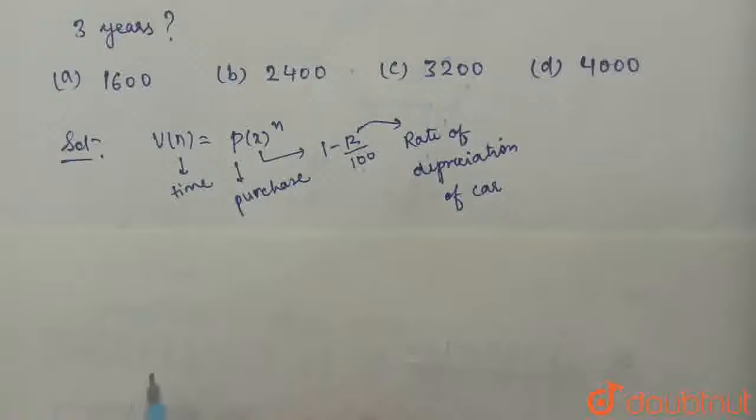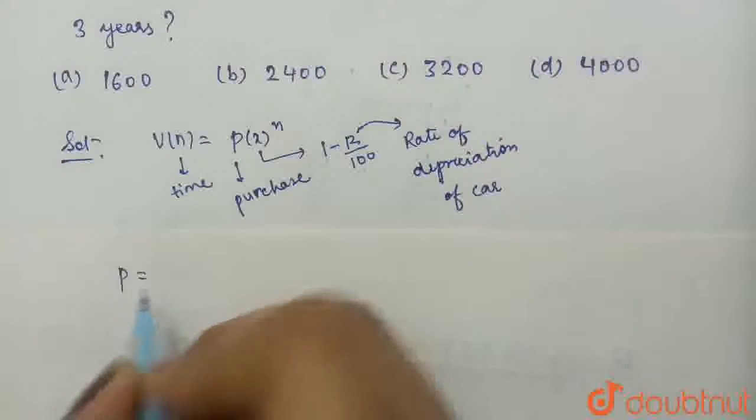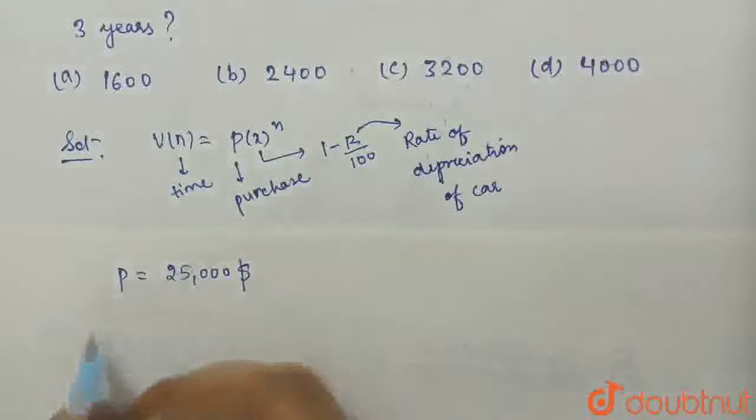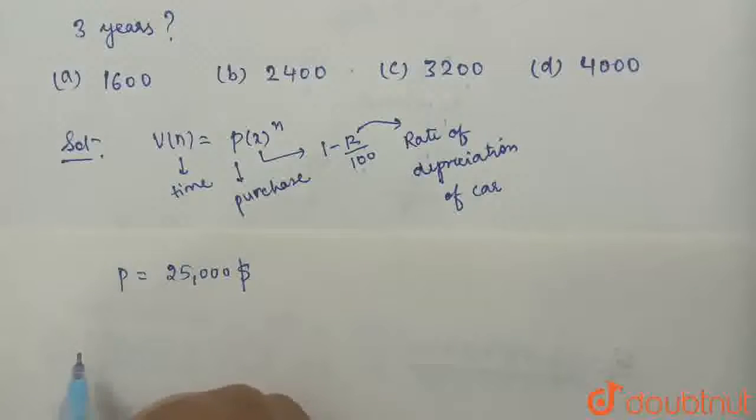Now according to the question, the purchase price of the car is $25,000 and we have to calculate the value of the car after 2 years, which is more than after 3 years.